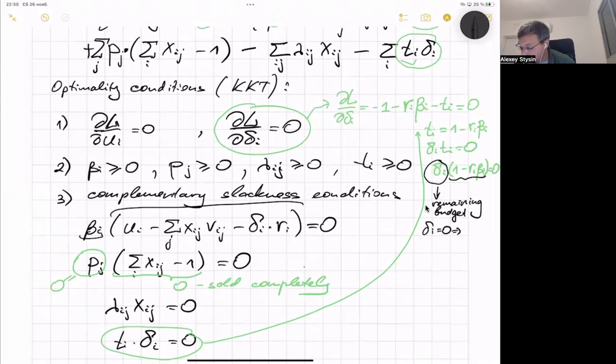In this case, and only in this case, beta I could be less than 1 over Ri. But if delta I is actually larger than 0, then it would require that beta I exactly equals 1 over Ri.